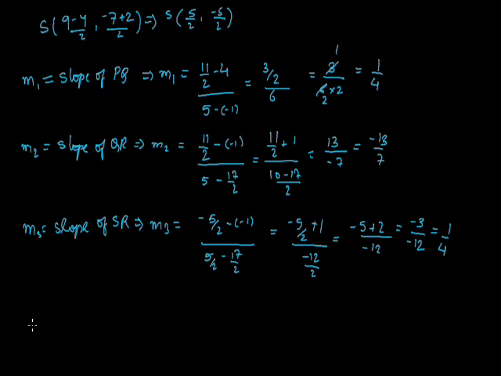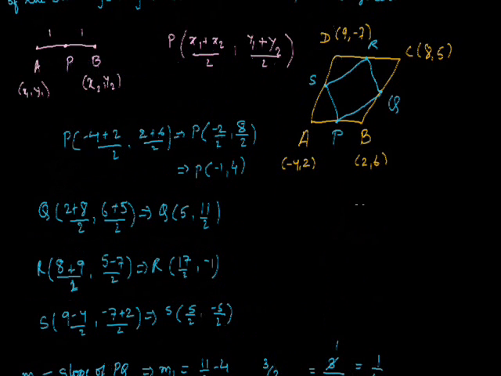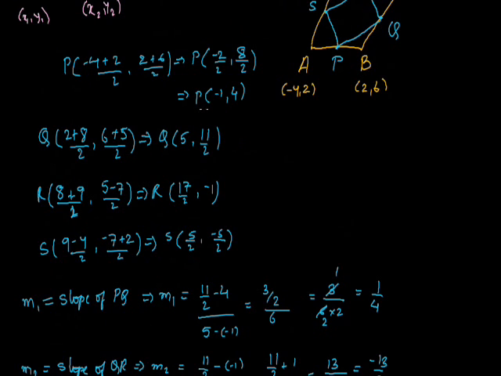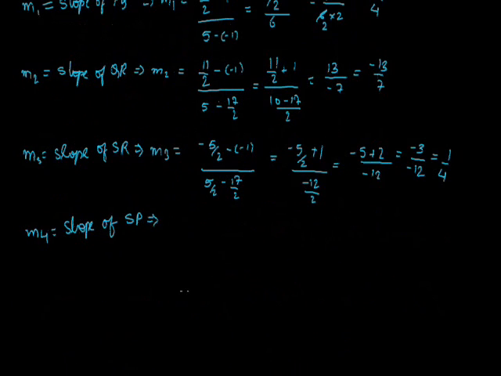Now let us take the slope associated with the line SP. I'll move forward, the slope of this line SP. Now we have the coordinates of P as (-1, 4) and S as (5/2, -5/2). So we'll make use of that.